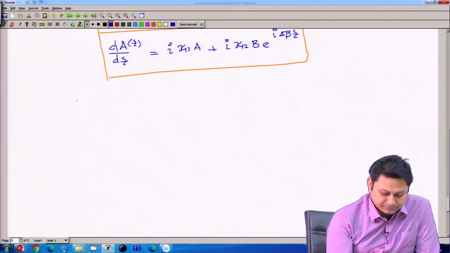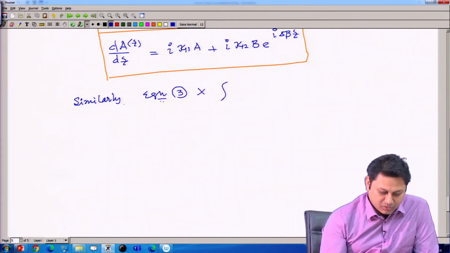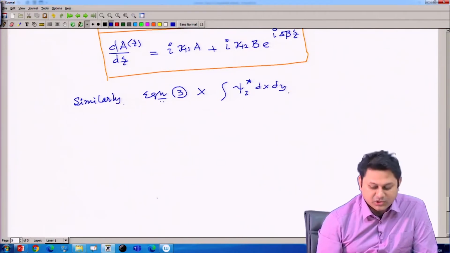Similarly, I have equation 3, and I am going to multiply this equation with this term psi 2 star dx dy, that I can do, this is my choice.